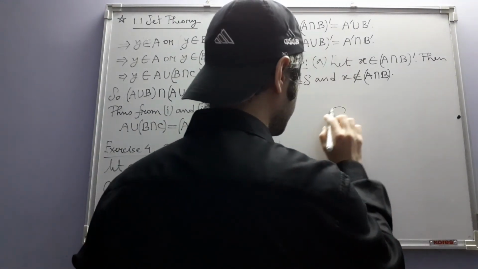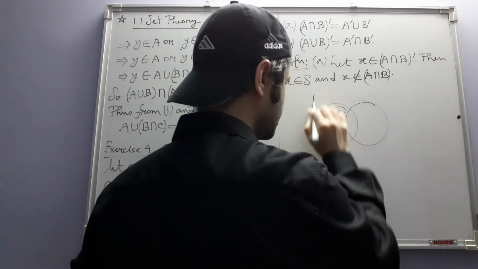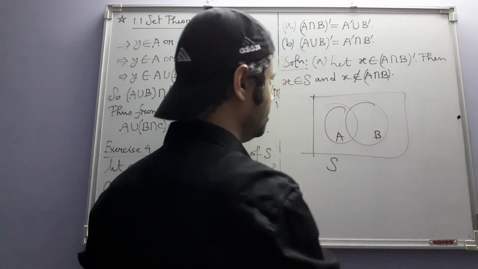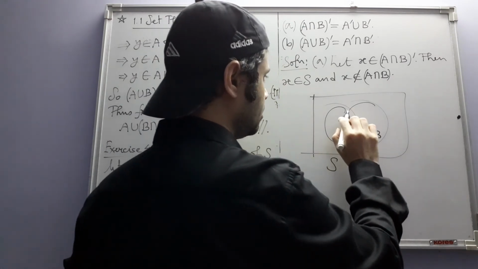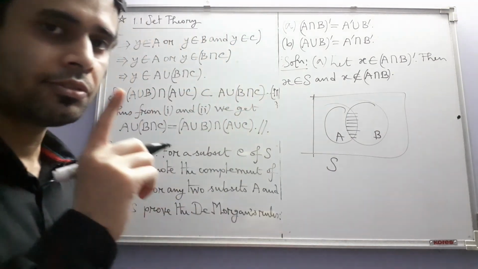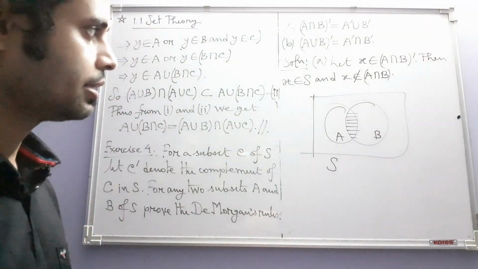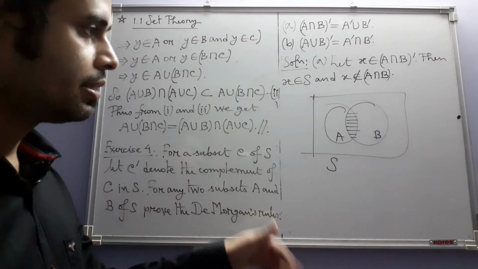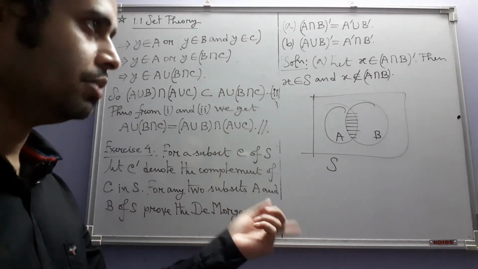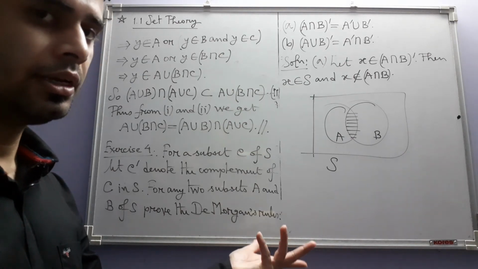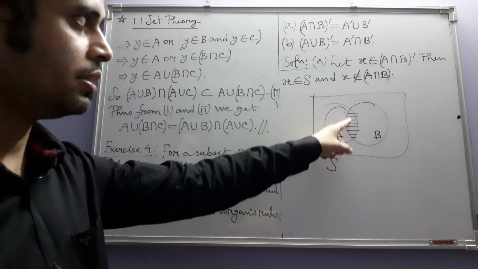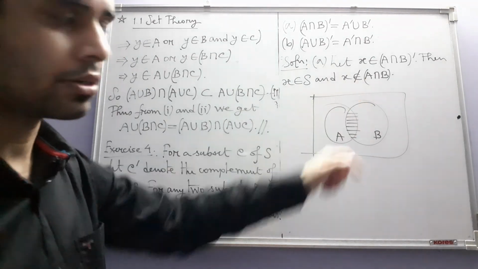Now you see, this is the situation. This is S, this is A, this is B. This is A intersection B. So if X is not in A intersection B, then either X is not in A, or X is not in B, or X is in neither of them. Because if X is in both A and B, then it will belong to intersection.